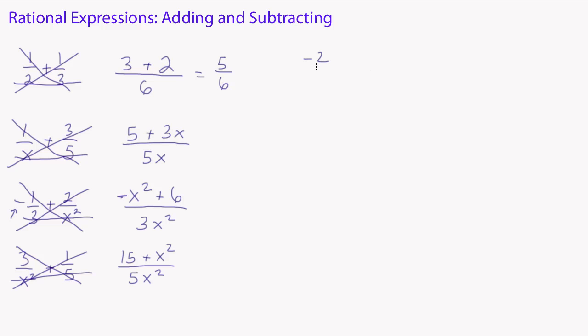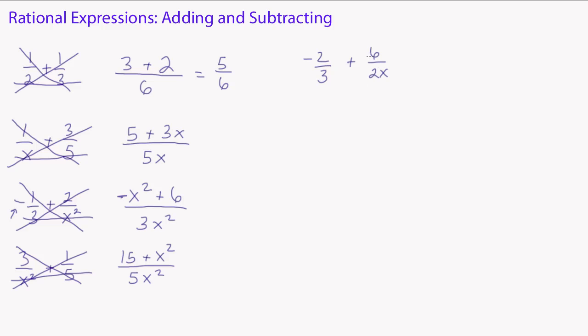Negative 2 over 3 plus 6 over 2x. In this situation, it's best to reduce the fraction before we start.